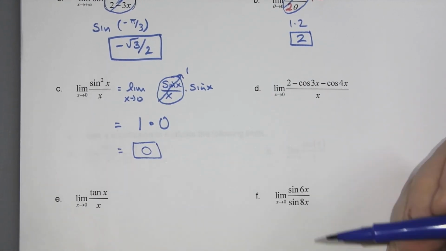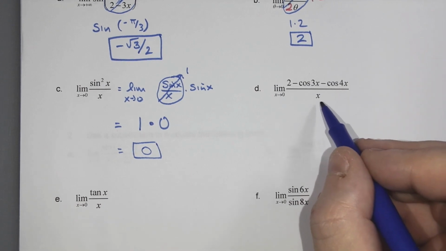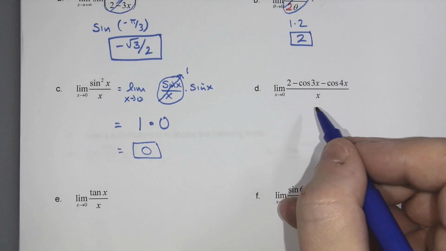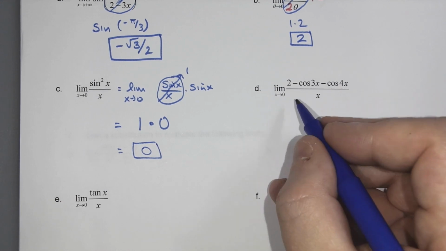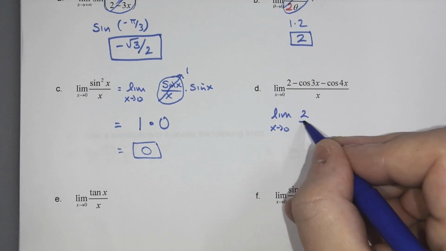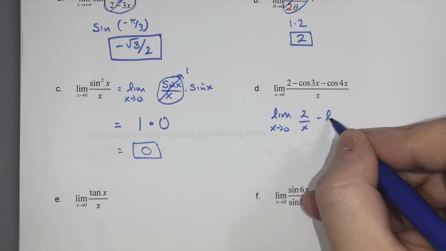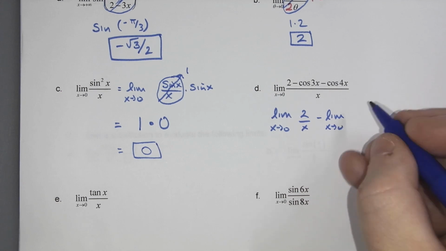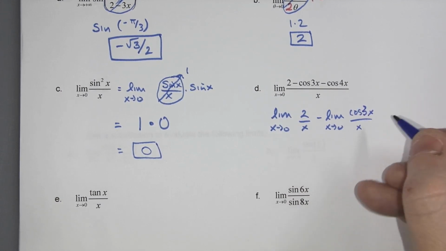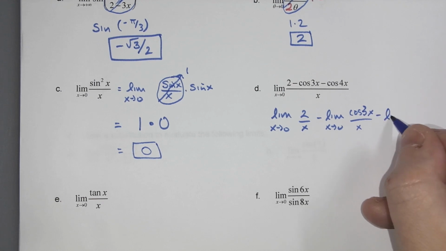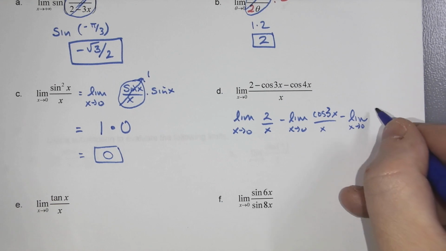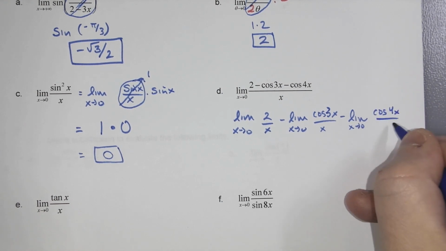Okay, now for this one. Limit as x approaches 0 on this one. Let's split it into different pieces. So we have the limit as x approaches 0 of 2 over x, minus the limit as x approaches 0 of cosine 3x over x, minus the limit as x approaches 0 of cosine of 4x over x.